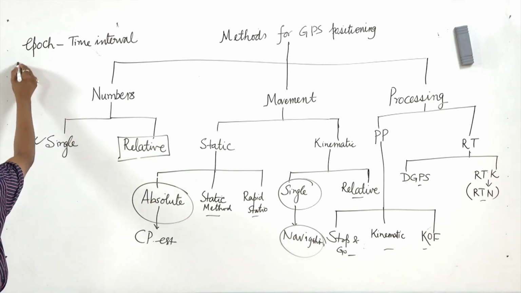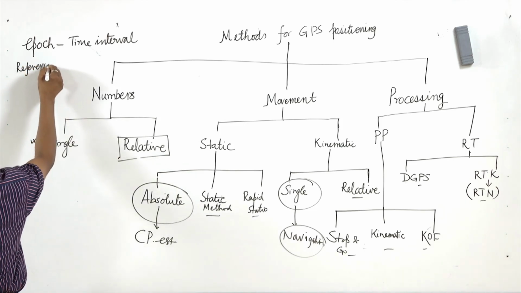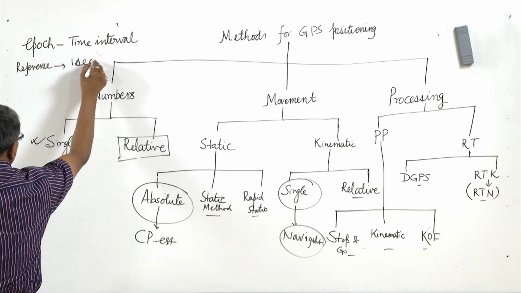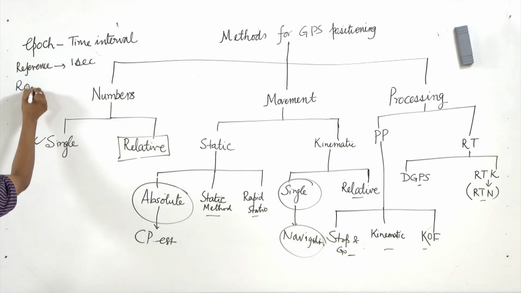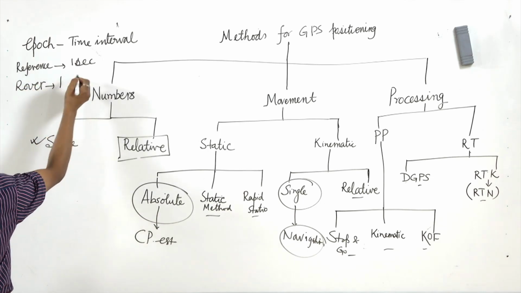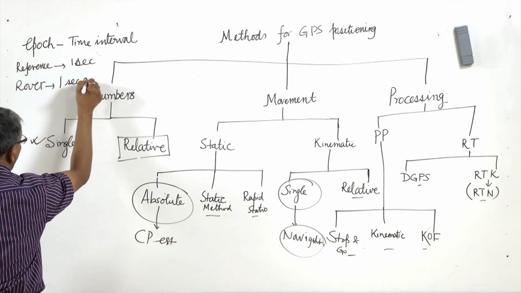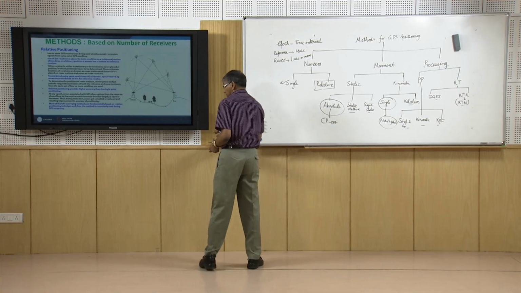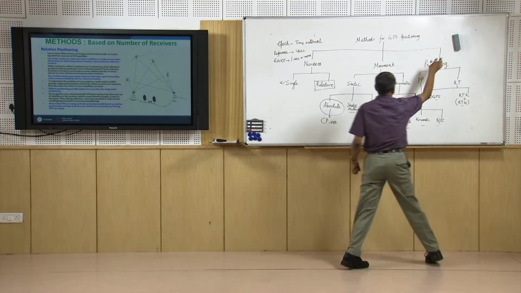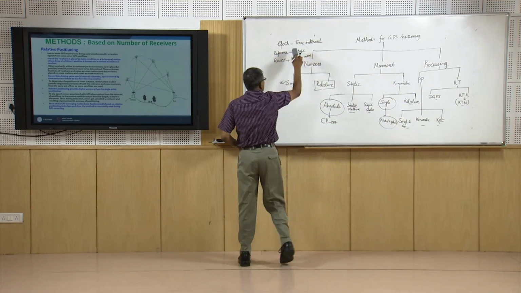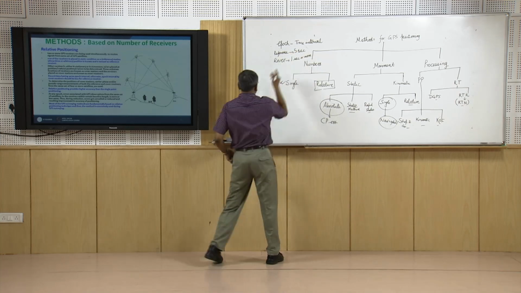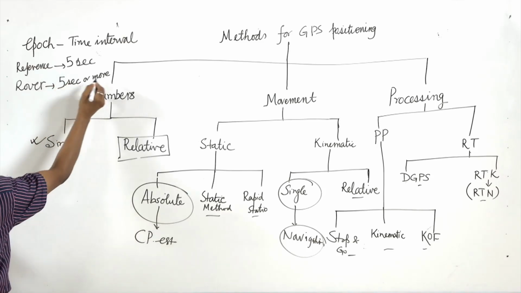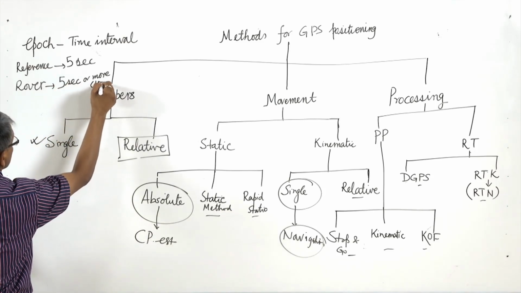So, suppose the epoch for the reference is 1 second, then the epoch of the rover should be 1 second or more, that means 2 seconds, 3 seconds, etc. Now, suppose the epoch of the reference is 5 seconds, then the epoch of the rover should be at least 5 seconds or more, that means 10 seconds or something like that.